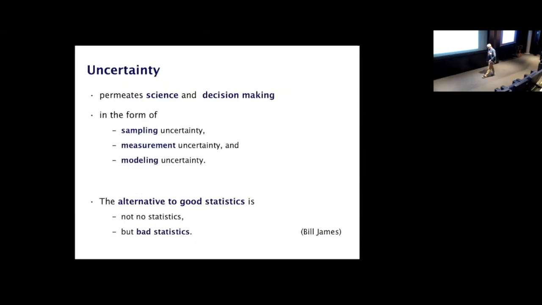So, I want to start by saying, why do we want to do this? Why do we want to do something like statistics? And largely, it's because uncertainty permeates a lot of what we do. In statistics, we tend to break uncertainty down into three different kinds. One is sampling uncertainty. That is, Galileo, when he did that experiment, only did it a finite number of times. He dropped the balls a few times.